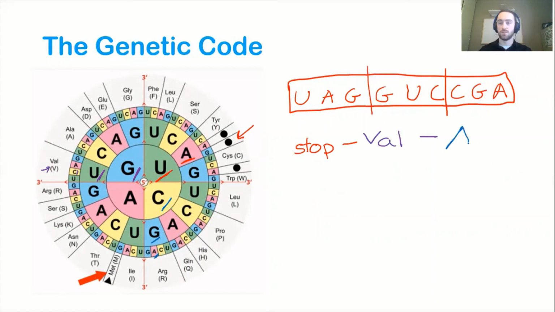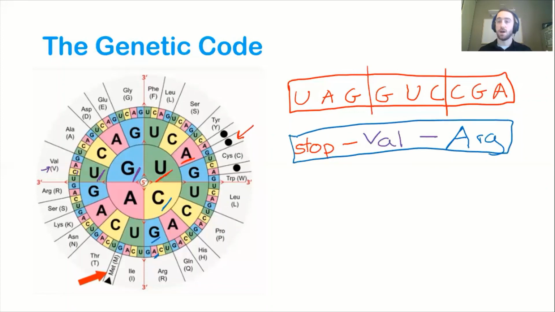And we just simply write down our amino acid. So we just synthesized a polypeptide chain. I mean, we started with a stop codon, which doesn't make practical sense, but in theory, we now know how to read and synthesize a polypeptide chain.